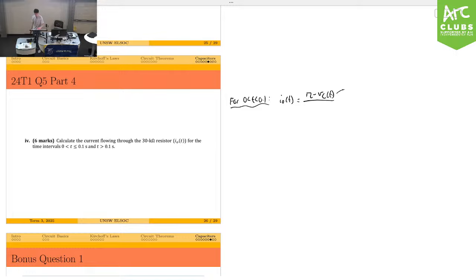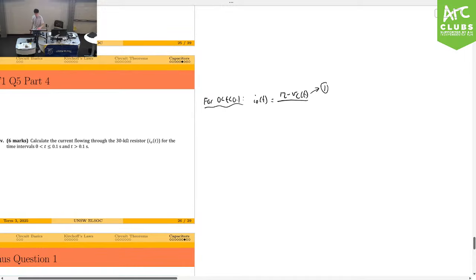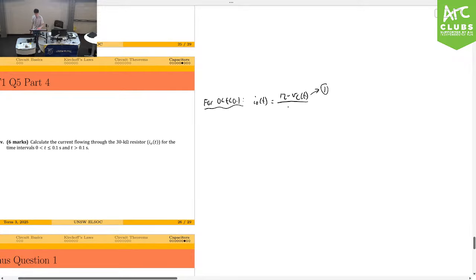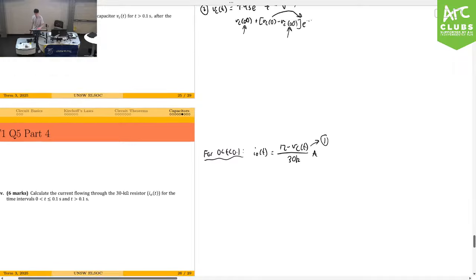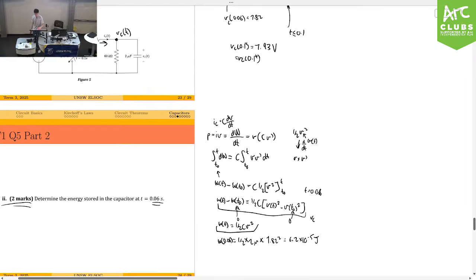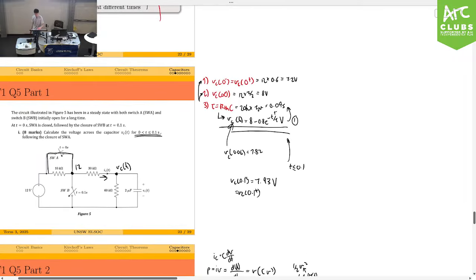This is the first one, not the second one. Be careful because there are two different equations. If you just take whatever we got from part 1, this one here, and sub it into there and do the number crunching, that's the answer.